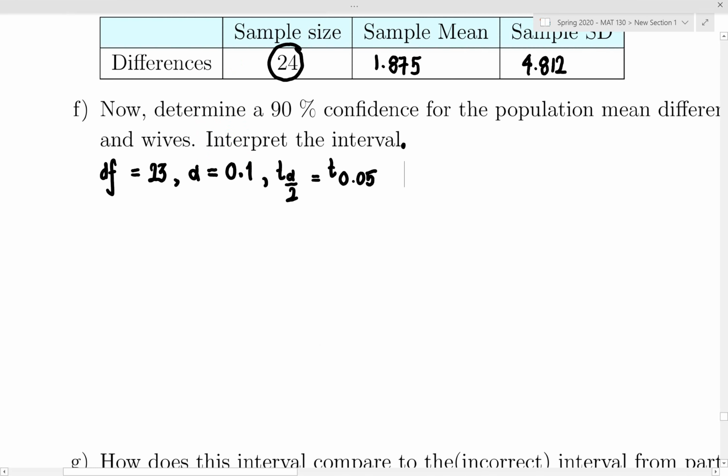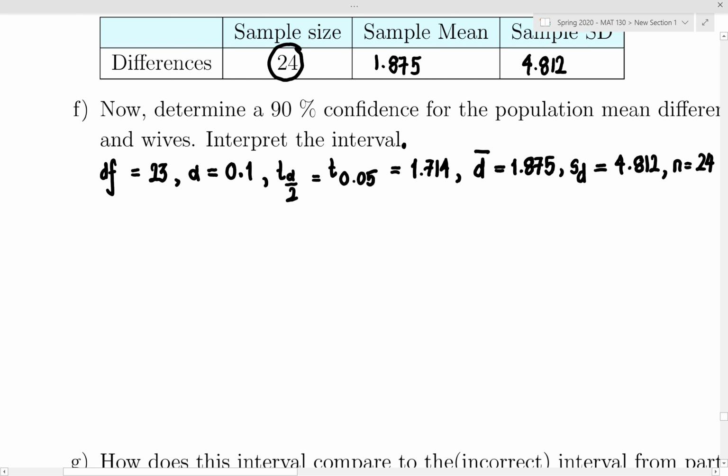So let's go ahead and put that in. It's 1.714. Now, we need to know what the sample mean for the difference was. Well, the sample mean for the difference was 1.875. What was the sample standard deviation for the difference, which we're going to denote by SD? It is 4.812, and our n was 24.